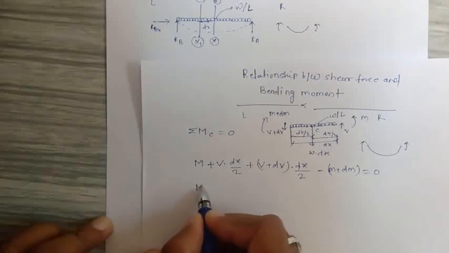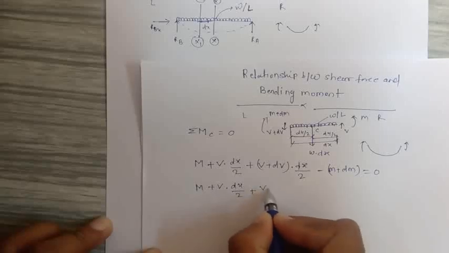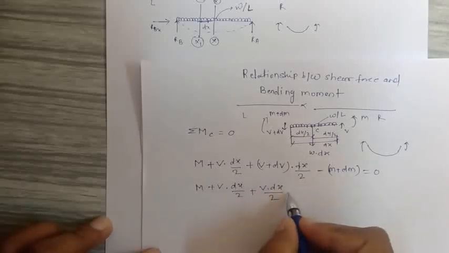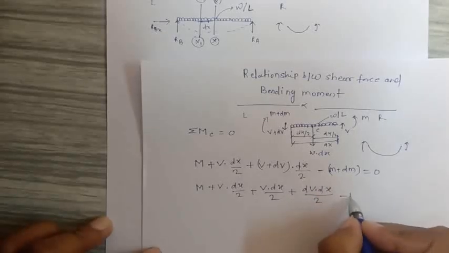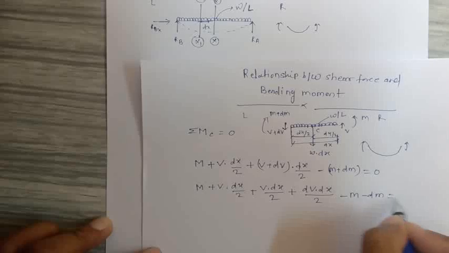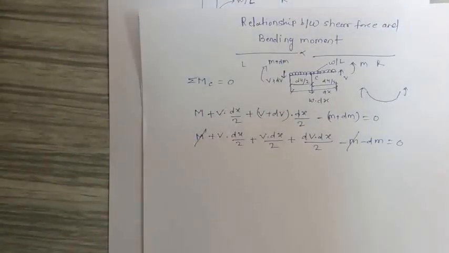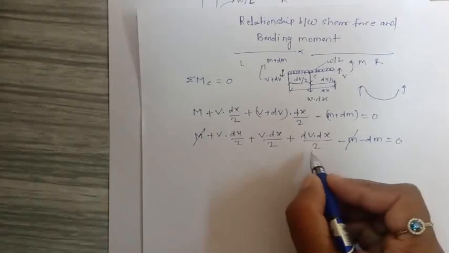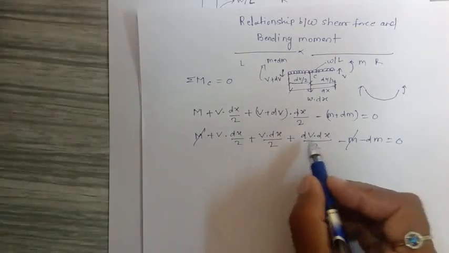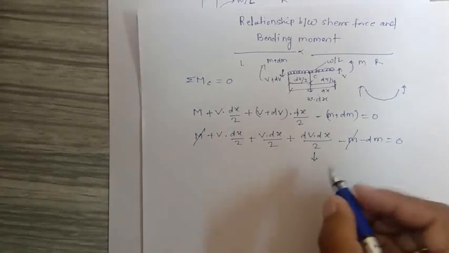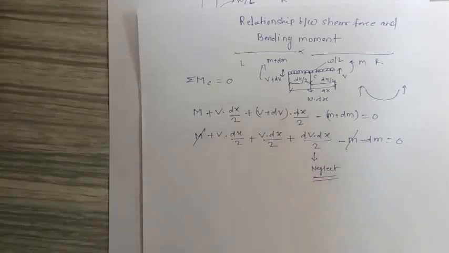Now M plus V into dx by 2 plus V into dx by 2, and when we open this bracket, plus dV into dx by 2 minus M minus dM equal to 0. Here M will be cancelled. The term dV into dx by 2 is a product of two small quantities, so it is very small, and we neglect this value.